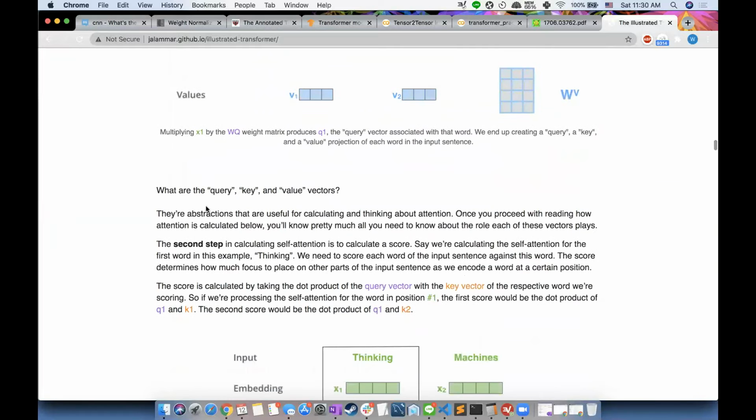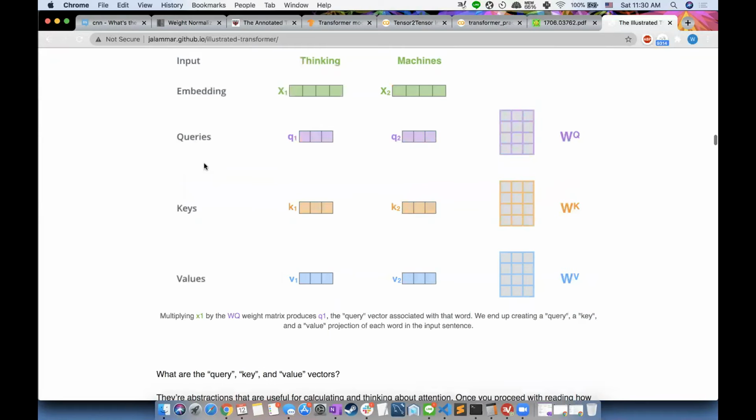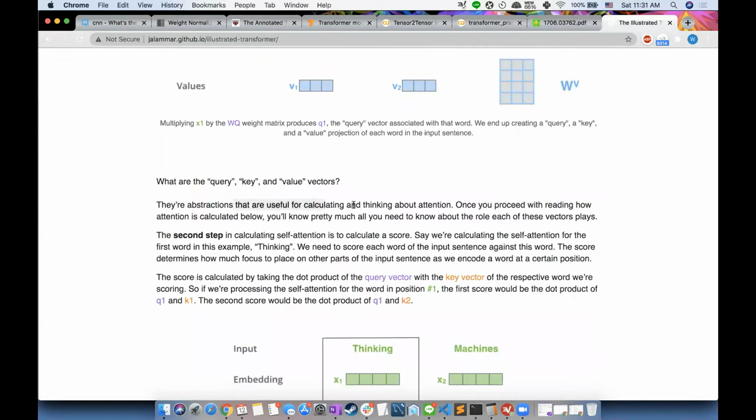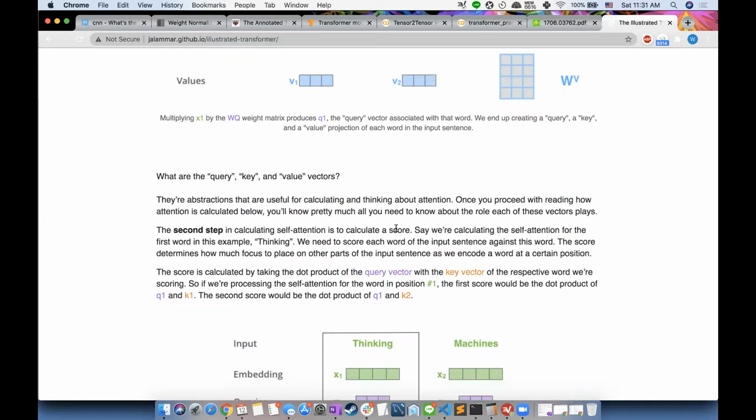And so what are the query, key, and value vectors? We're going to explain what these 3 vectors even mean. They're abstractions that are useful for calculating and thinking about attention. Once you proceed with reading how attention is calculated below, you'll know all you need to know about the role each of these vectors plays.